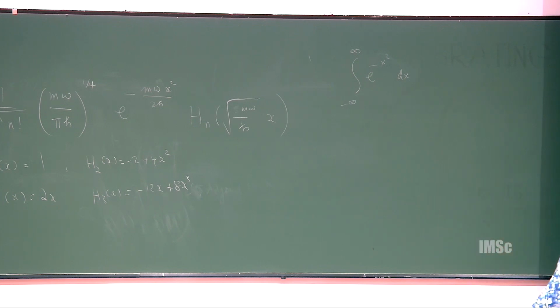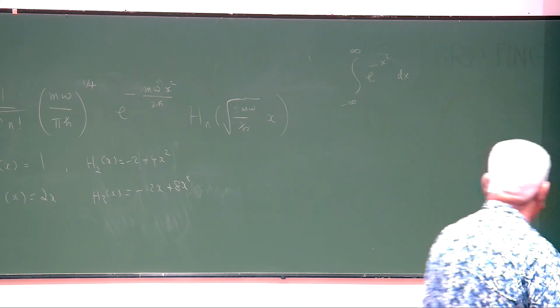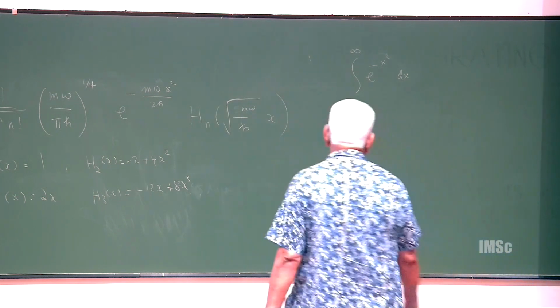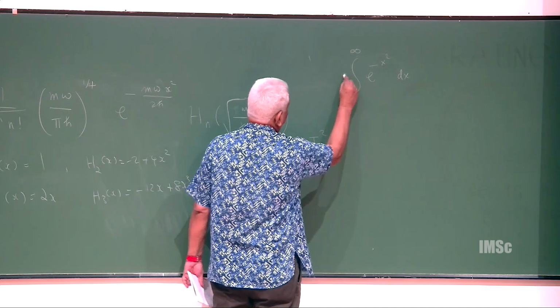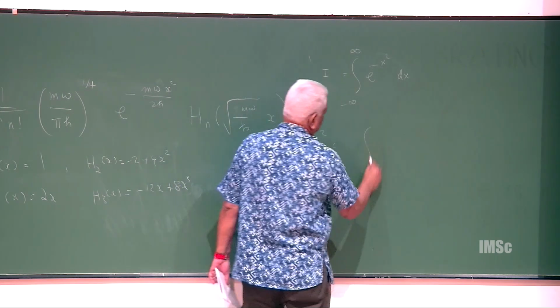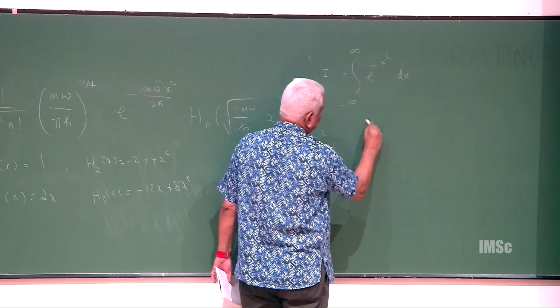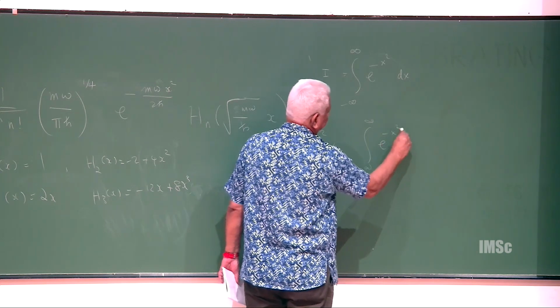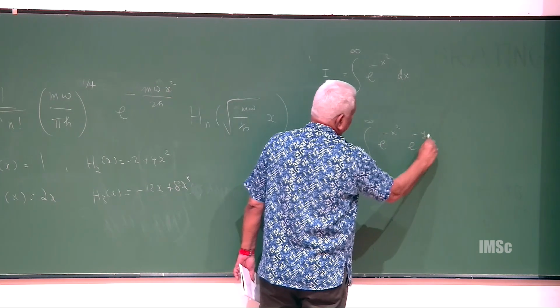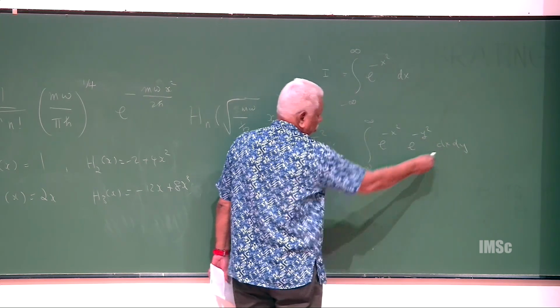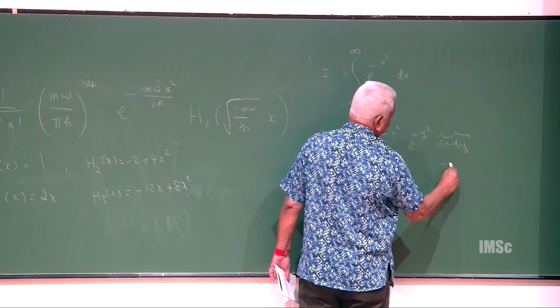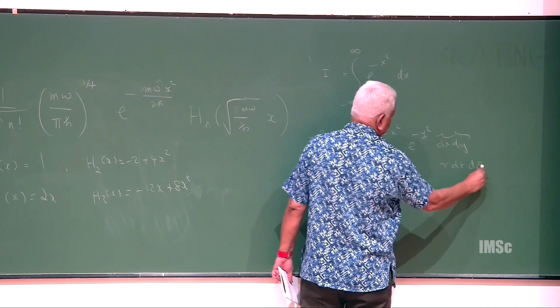Yes? Polar coordinates. That's correct. So you write down I squared, where this is I. Then you will have the integral from minus infinity to plus infinity of e^(-x²) e^(-y²) dx dy. You go from dx dy to r dr dθ in polar coordinates.